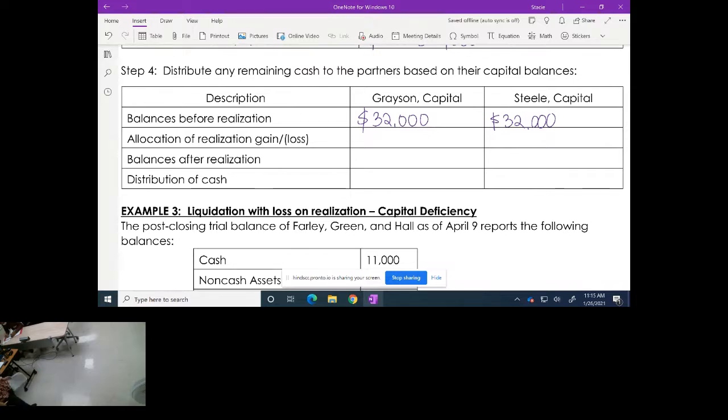But again, this is just an exercise to show you how this works. We calculated 6,000 of the loss goes to Grayson and 3,000 goes to Steele. So what do they have left after that? Grayson has 26. You're just subtracting it out. And Steele has 29.